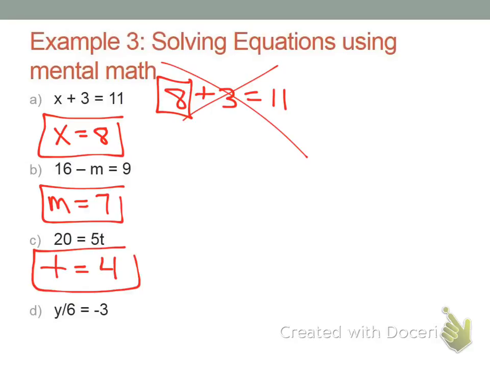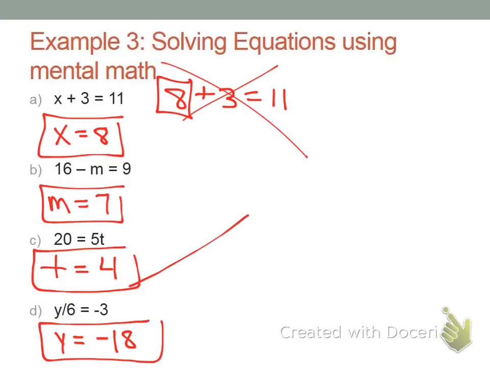T equals 4. What about D? What'd you get, Aliana? Very good. Y equals negative 18. How did she know it needed to be negative? Because the answer is negative, 6 is positive, so in order to get to a negative answer, 18 has to be negative. So y equals negative 18.